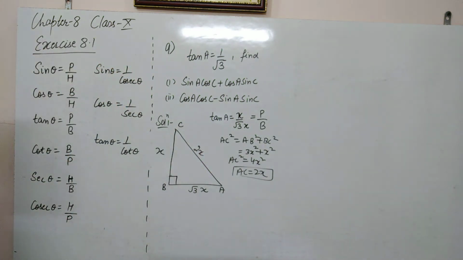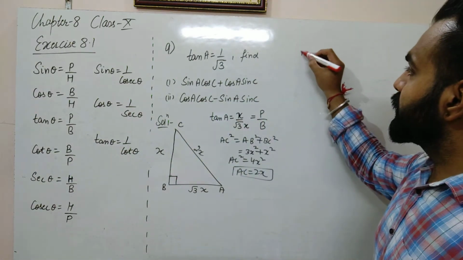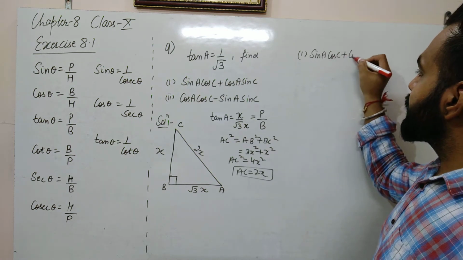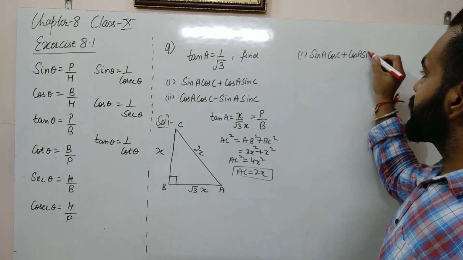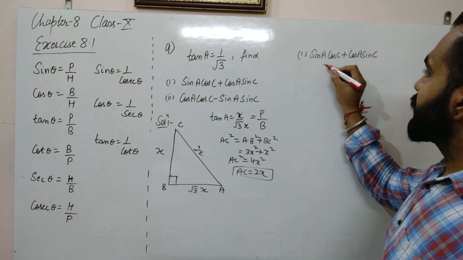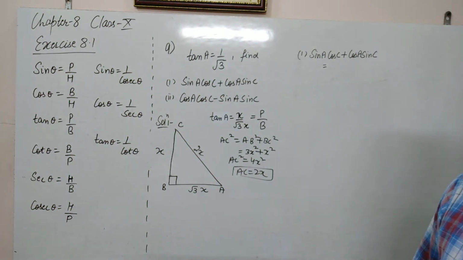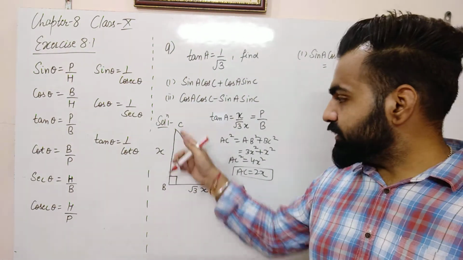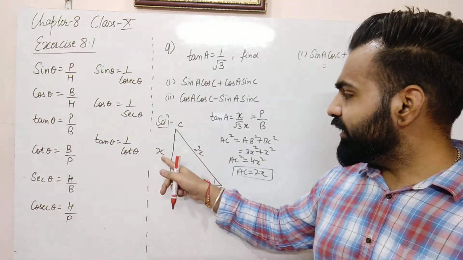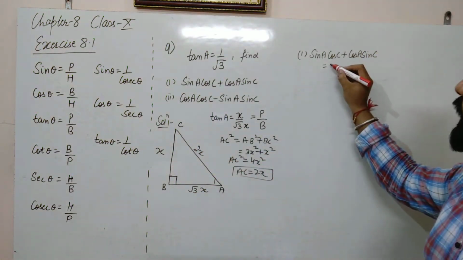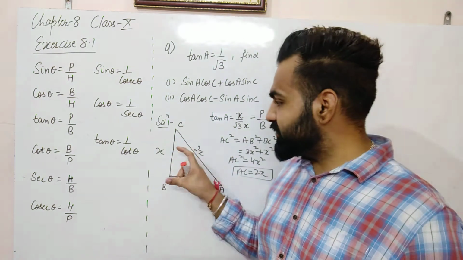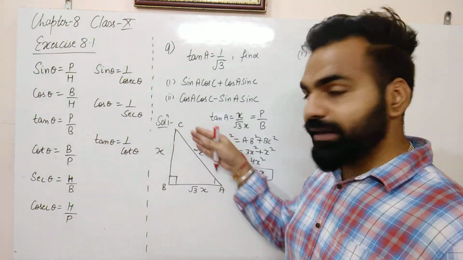Now all the three sides are known here. Now we have to find the value of this part. Sin A cos C plus cos A sin C. So what is sin A here? For A this will be base and this will be the perpendicular. So sin A will be x by 2x, that is 1 by 2. What is cos C? For C this will be base and this will be hypotenuse.